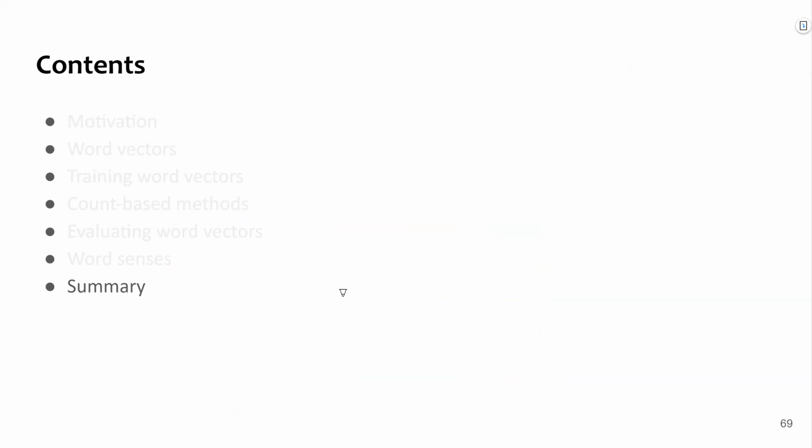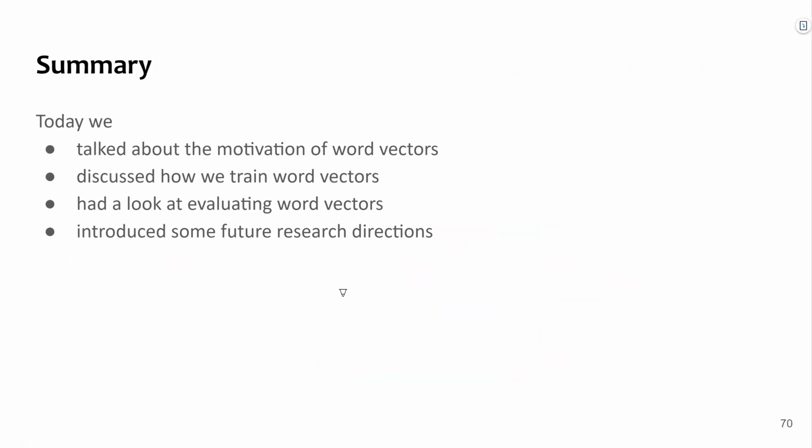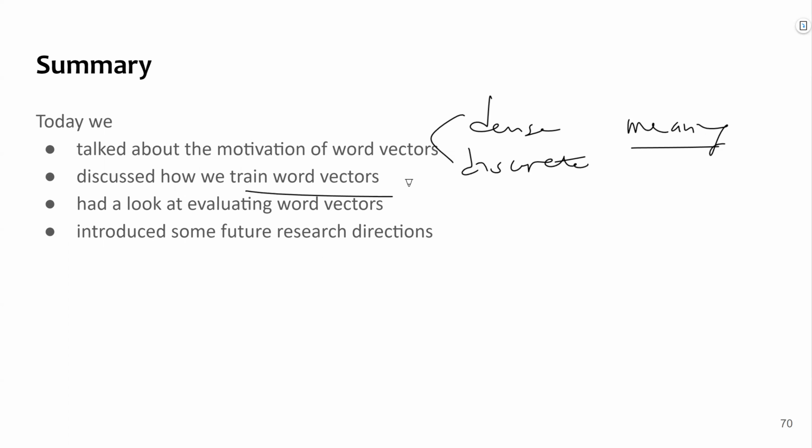Okay, let's summarize this lecture session. Today we talked about the motivation of word vectors. We wanted a dense representation of meaning to process language with computers. And we discussed how we train word vectors, direct prediction or count-based.